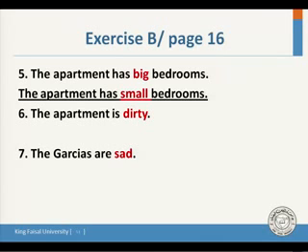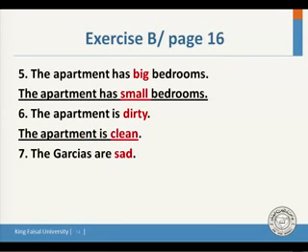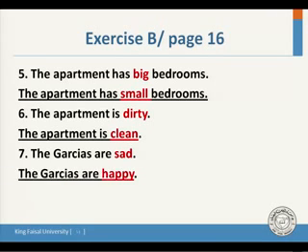What's the opposite of dirty? The opposite of dirty is clean. The apartment is not dirty. The apartment is clean. The last sentence, the Garcias are sad. The Garcias, which means the Garcia family, are sad. No, they are not sad. They are happy. The Garcias are happy.